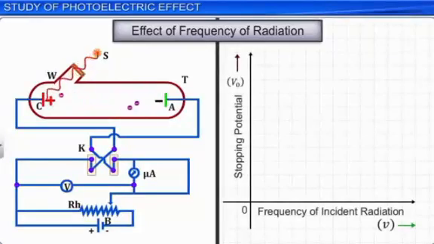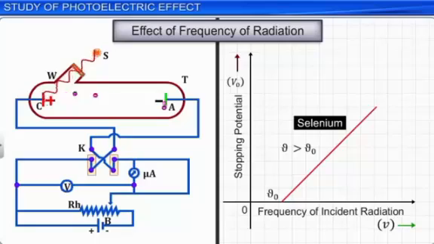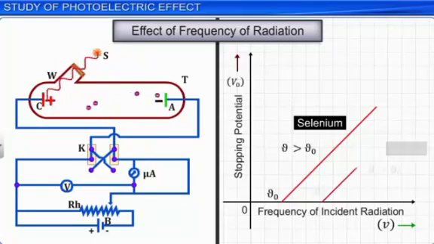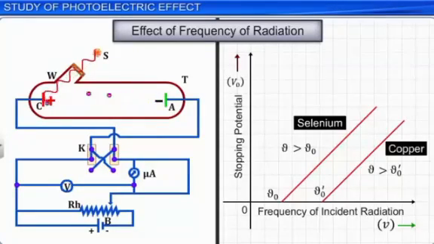This means that although the stopping potential varies in a linear fashion with the frequency of the incident radiation, for a certain minimum frequency, the stopping potential is observed to be zero. This was observed to be true with the case of different materials as emitters.